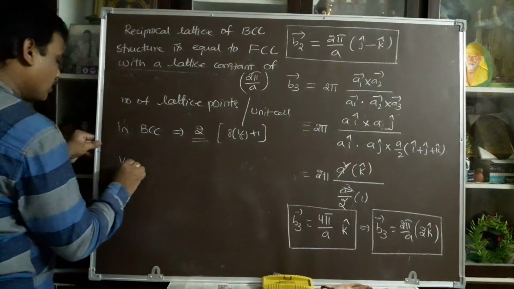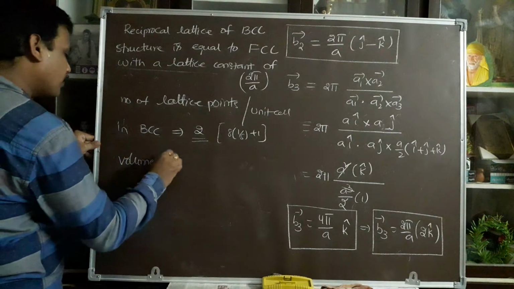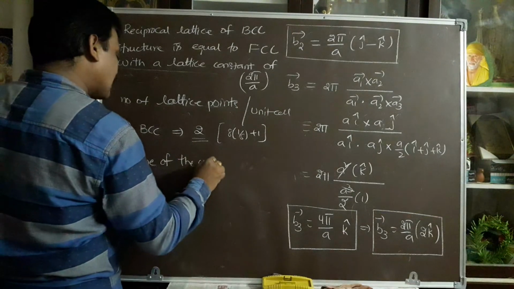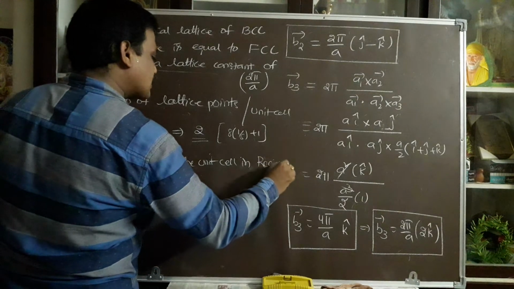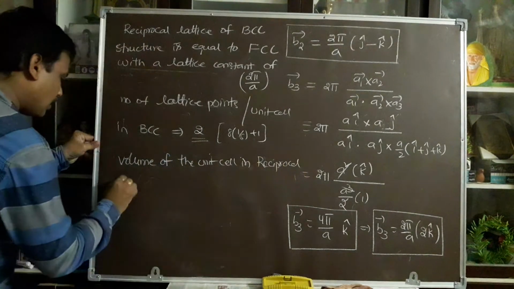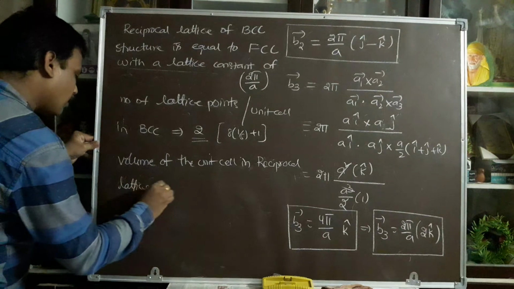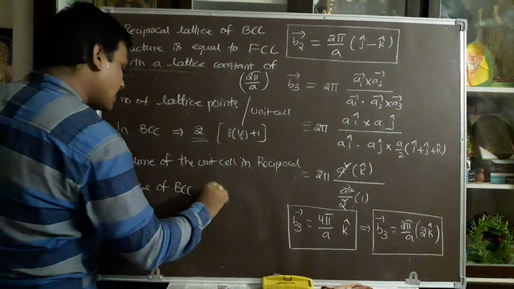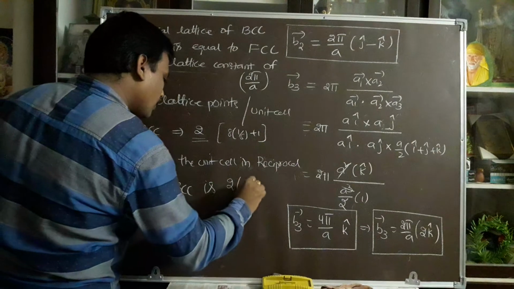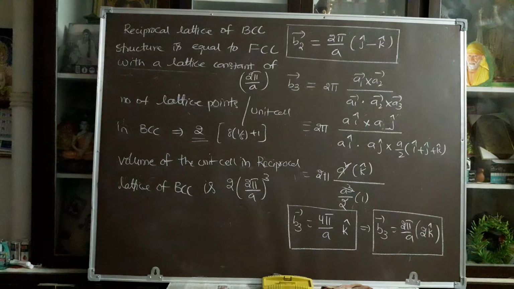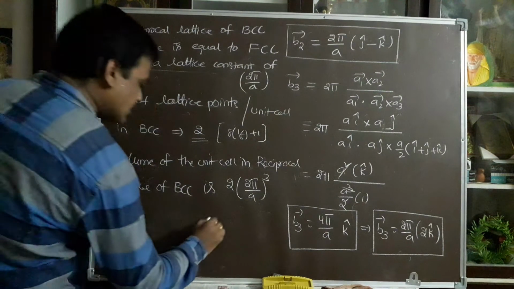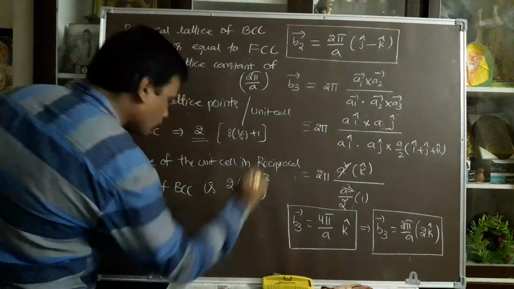So volume of the unit cell in reciprocal lattice of BCC is 2 into lattice constant 2 pi by a whole cube, and directly you get the result a cube by 2.